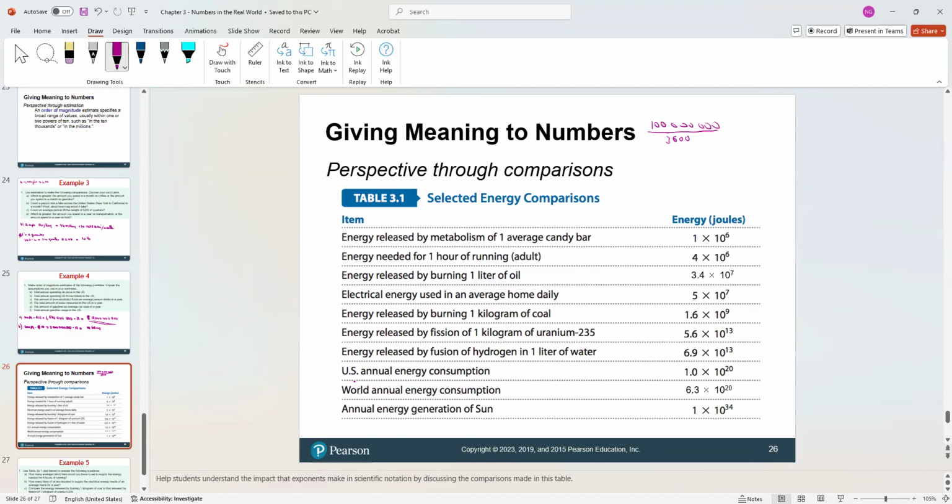I'm going to try to do it in this calculator, if I can, because not all calculators would let me do it. 100 billion, divided by 3,600. 3,600 means 1 hour is 3,600 seconds, because 1 minute is 60 seconds.